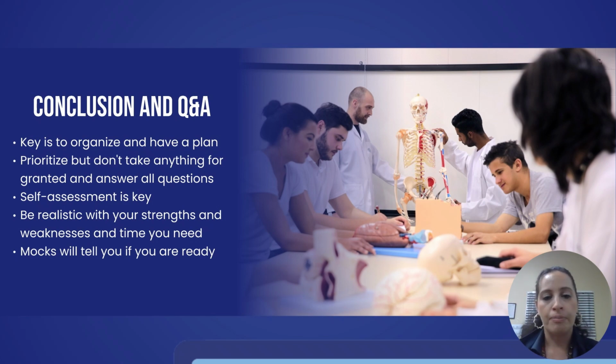And if you go through that whole book, you should be able to touch everything that you need to, because you don't want to just study MS or just study cardio. You want to make sure you look at every piece of that so that you can have the best chance to answer every question. And then once you start studying, it's all about self-assessment.